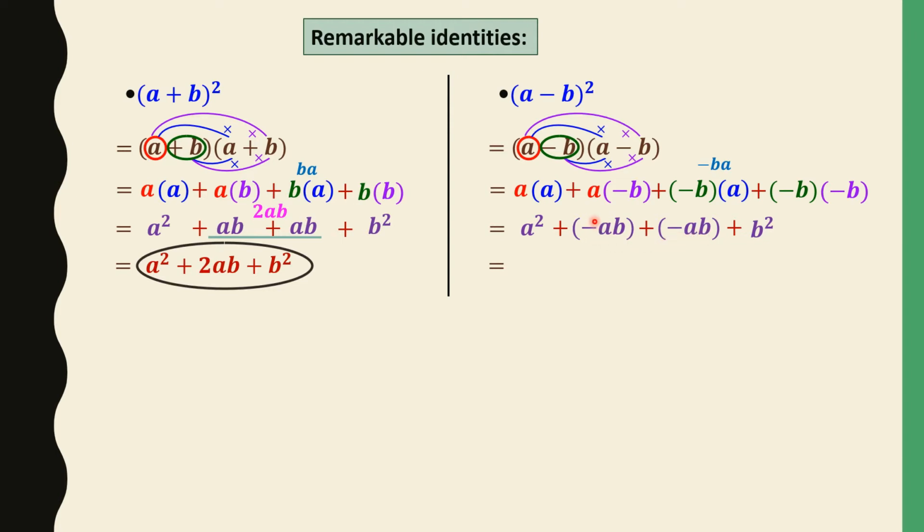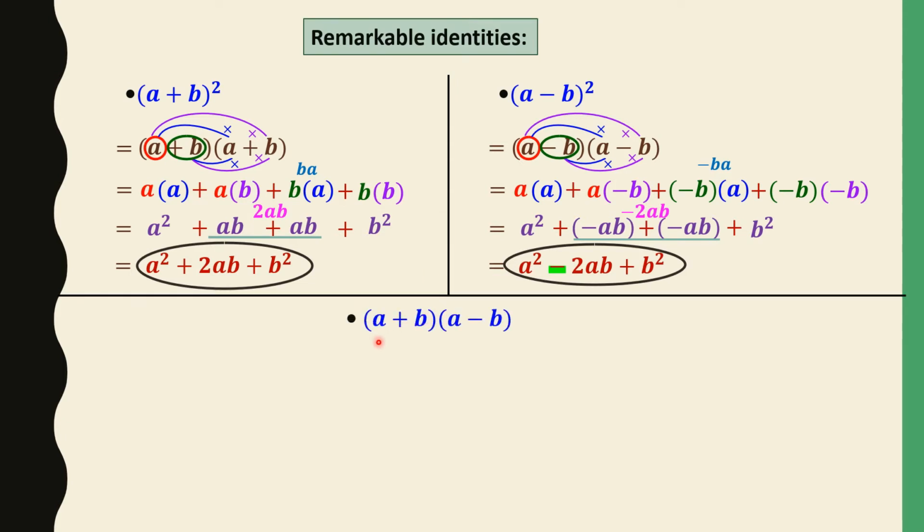It means negative 1ab, negative 1ab, we obtain negative 2ab. And in the end, the expanded form is a squared minus 2ab plus b squared. This is the expanded form of a minus b squared, and we can memorize it and use it later on instead of making all this work.